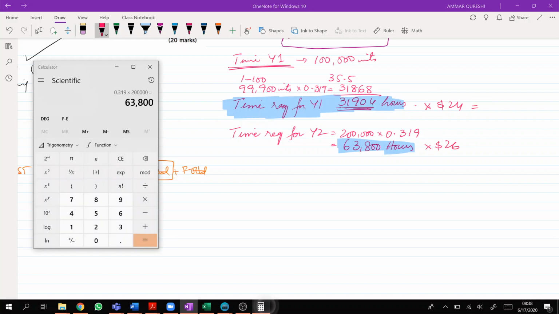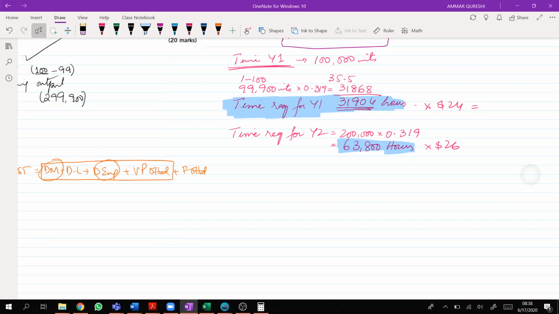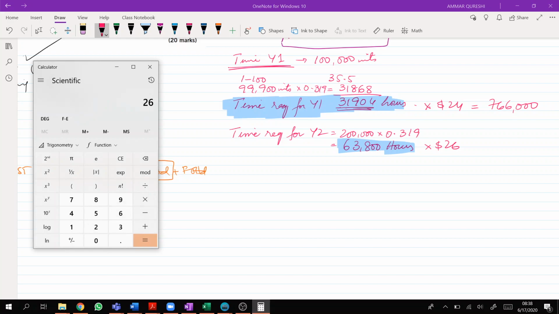So 24 multiplied by 31904, 765,696. Let's consider it 766,000, right? And this will be 26 multiplied by 63,800.